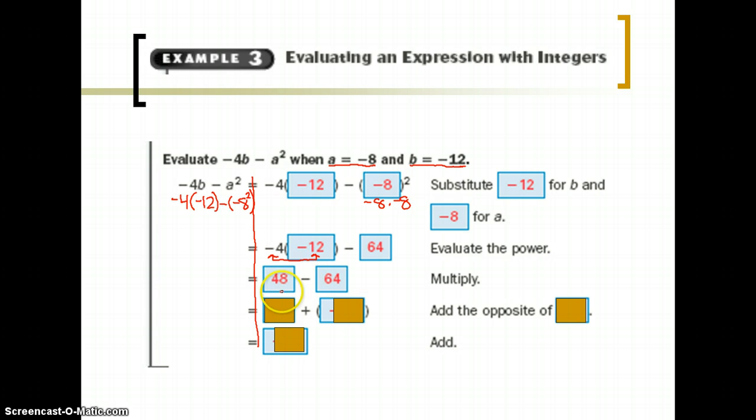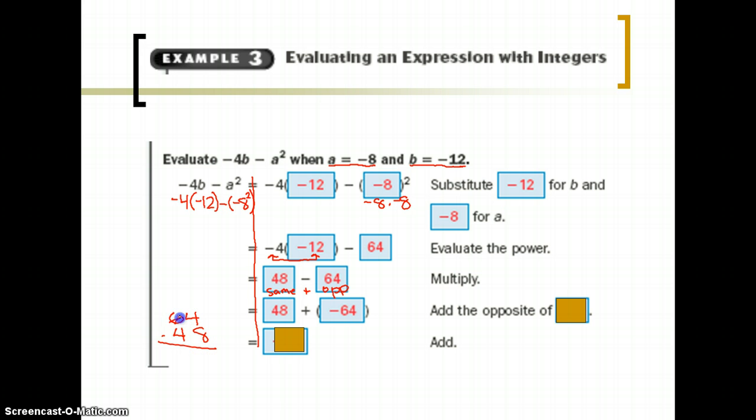Here we have subtraction. Remember, subtraction, we keep the first number the same, we add the opposite. So 48 stays 48, subtraction becomes addition, and 64 becomes negative 64. Now we add. Well, because they're different signs though, we are technically going to subtract the two.